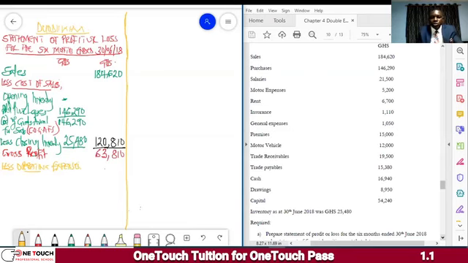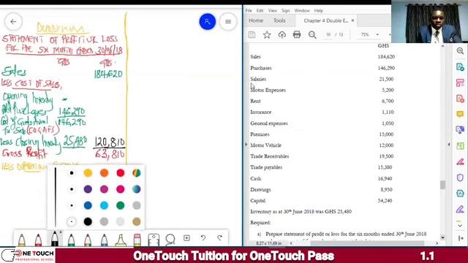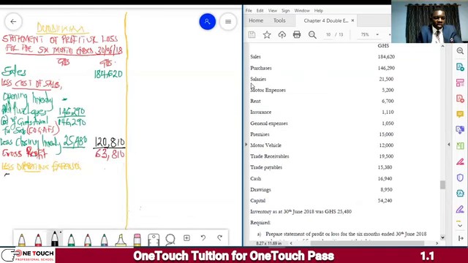Good. So let's go through our trial balance. We have purchases, we have salaries. So let's note down that we have salaries of 21,500. We have motor expenses of 5,200.